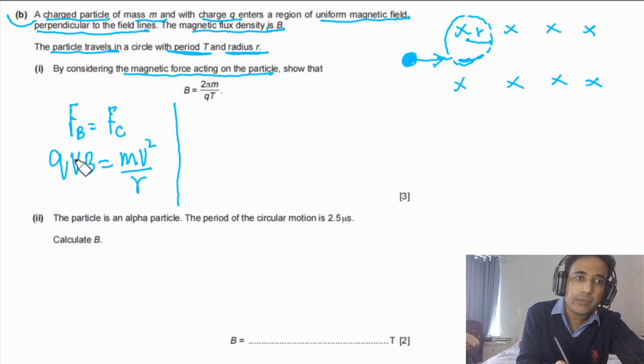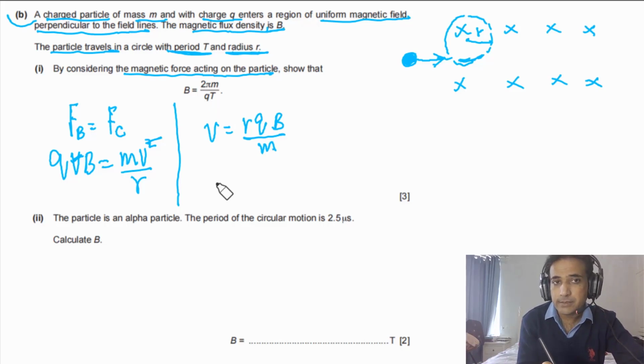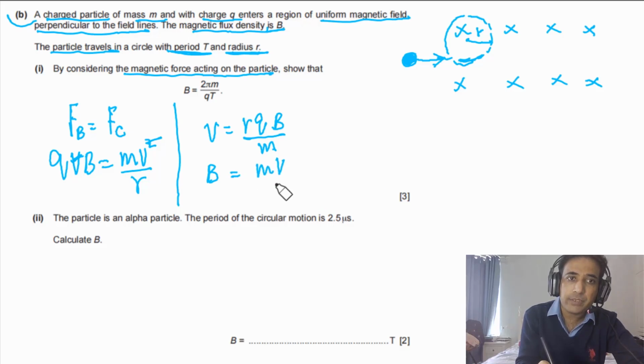So from here we can cancel v with this one, so we are left with v equal to rqB divided by m. But this is not the answer. We can also rearrange this one. We can say B in this case will be equal to mv divided by r times q. But this is not the answer.